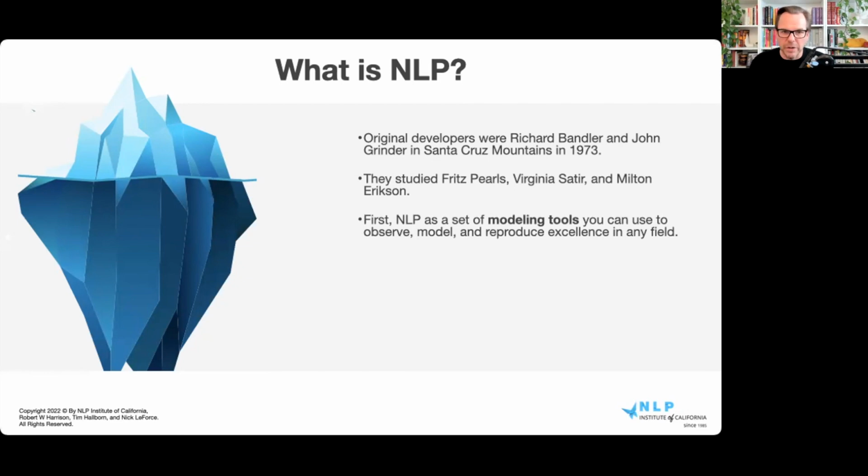If you're a poet, you can use it to model the best poets that you consider best and be better at that. If you are a coach, you can model the best coaches and extract information and be better at that. And modeling, when it's done properly, gives you the ability to be far more economical in your efforts and in your communication, because you're not wasting your time spinning your wheels doing things that don't work.